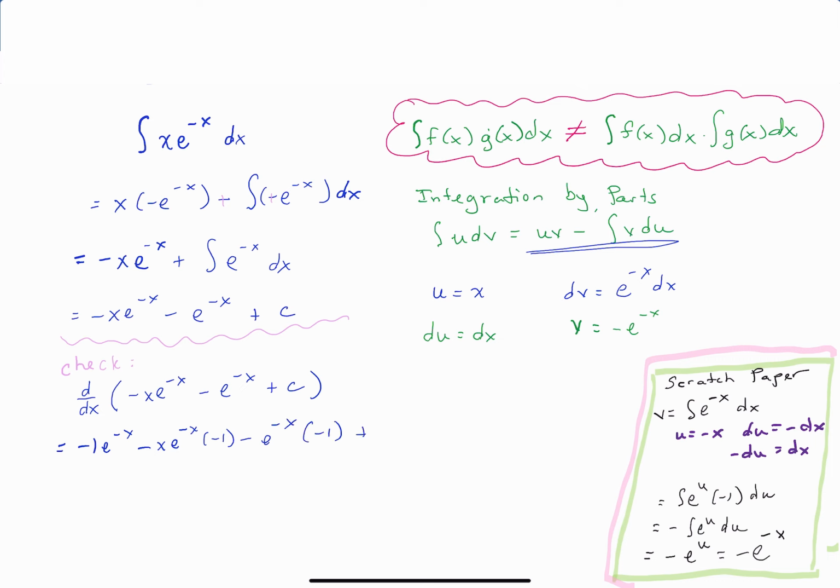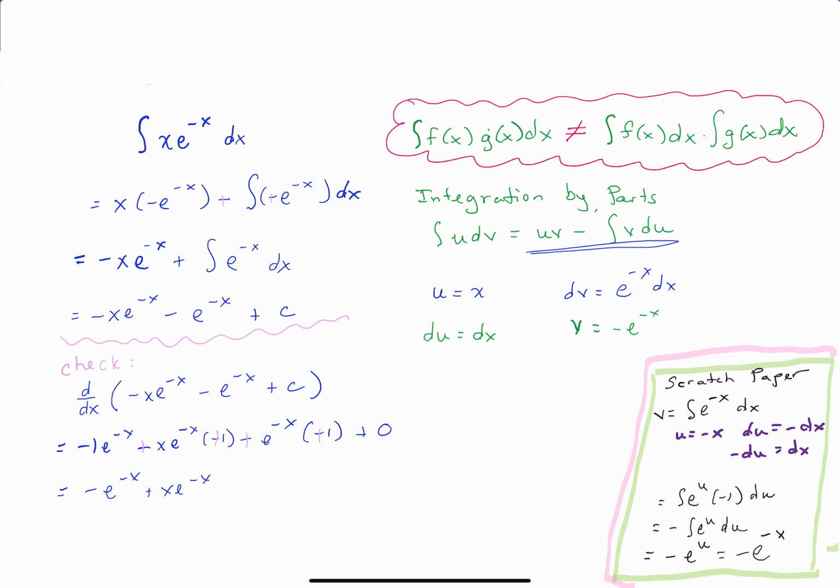The derivative of any constant is 0. So let's see, I get minus e to the minus x. In the second term, the two negatives cancel. So I have minus and a minus. So that's going to give me plus x e to the minus x. Again, in the last term, the negatives cancel. I've got a minus and a minus.